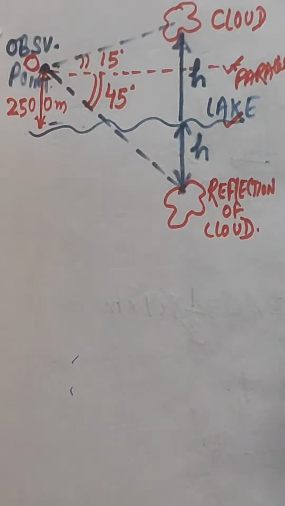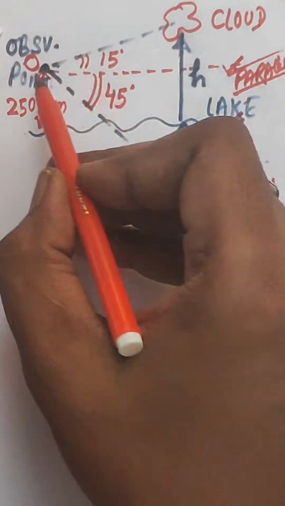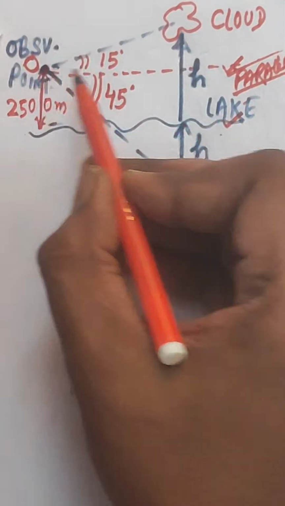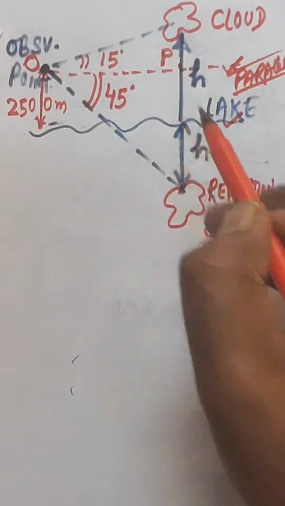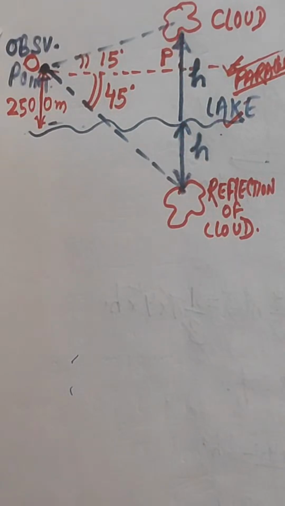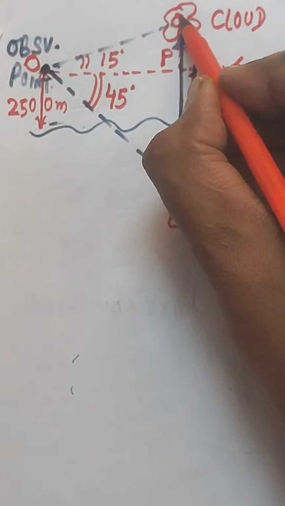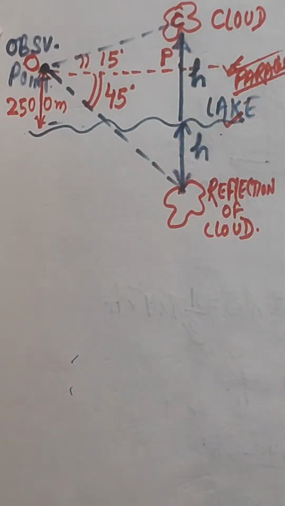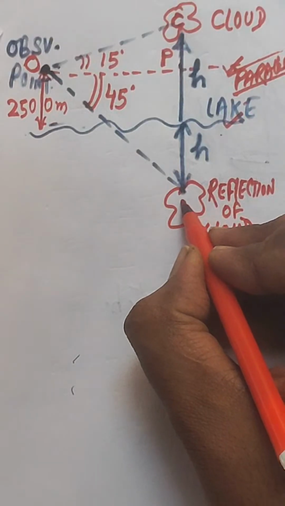Let us say this point is P, the cloud is C, and the reflection of this C is D.